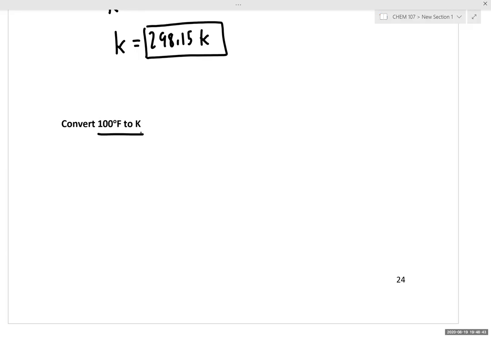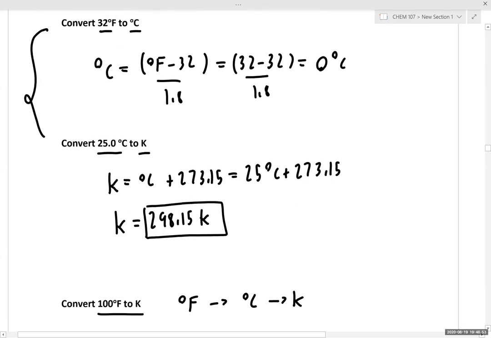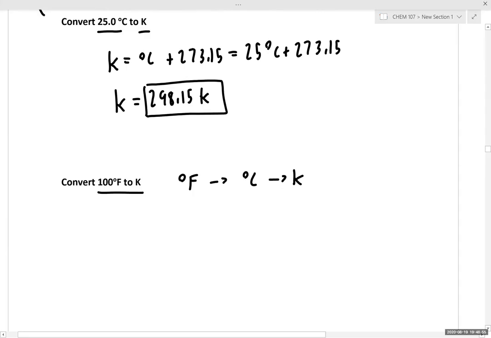Okay, so first and foremost, we're trying to go from Fahrenheit to Kelvin. So we're going through our intermediate unit of degrees Celsius. So we know that degrees Celsius are equal to Fahrenheit minus 32 over 1.8.